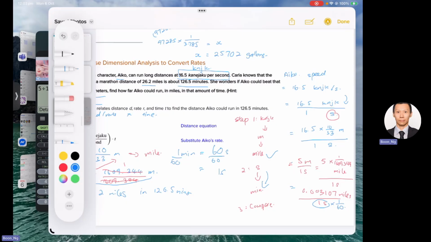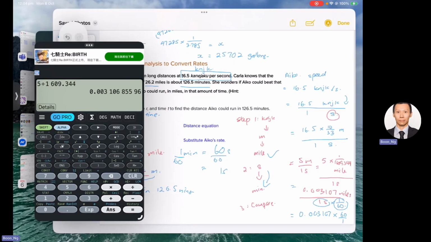And when we rearrange this, because this one is a fraction, we can flip it. So 0.0033107 multiplied by 60 over 1.